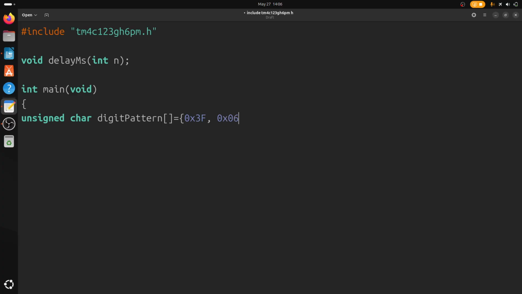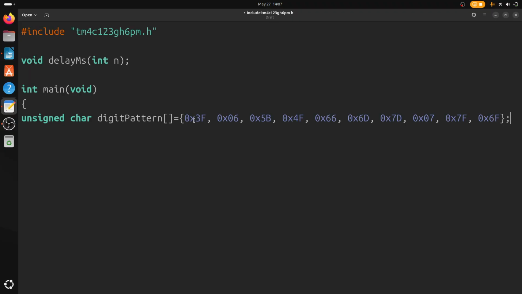I'm taking some values. This x will be a small letter.